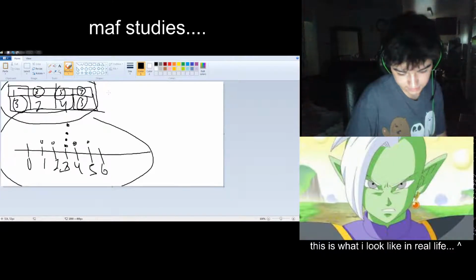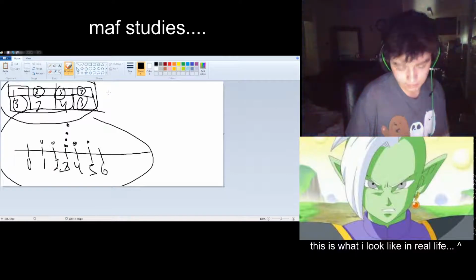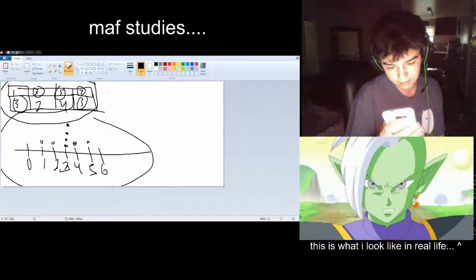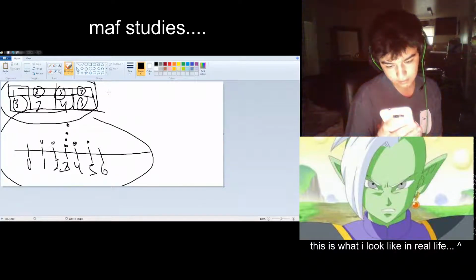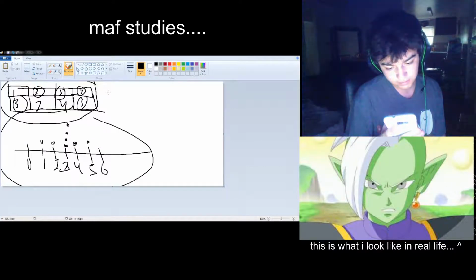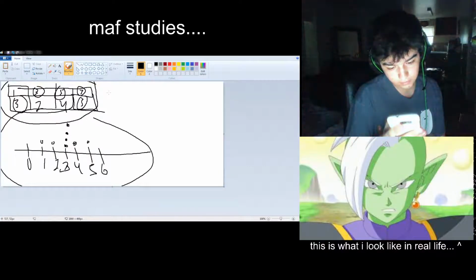And so it's asking us what a correct description of this distribution would be. And it says the data is skewed, the measures of center are equal. I don't know what that means, I'm gonna be honest. The data is normal, the measures of center are equal.